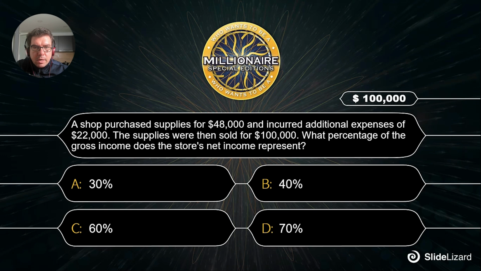The supplies were then sold for $100,000. These commas here indicate thousands. Yeah, they indicate thousands. What percentage of the gross income does the store's net income represent? Is it 30%, 40%, 60%, or 70%? 5 seconds.